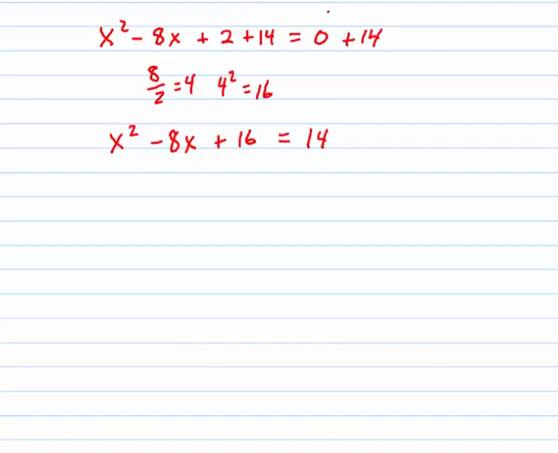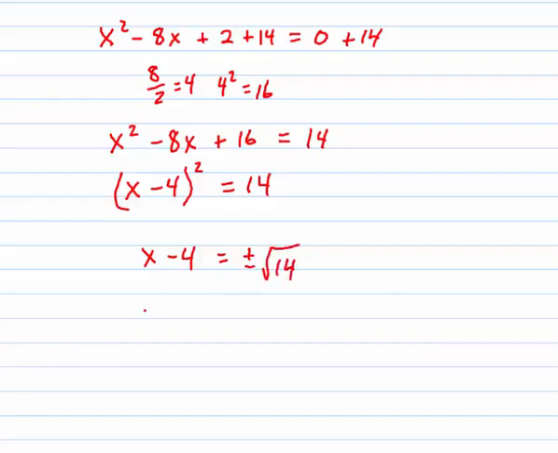Now we could have subtracted the 2 over there and then just added 16 to both sides. You get the same thing. So we have x minus 4 quantity squared is equal to 14. Now if we just started with an equation like that, we just do the square root property. x minus 4 is equal to plus or minus square root of 14.